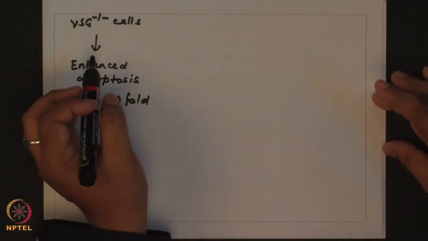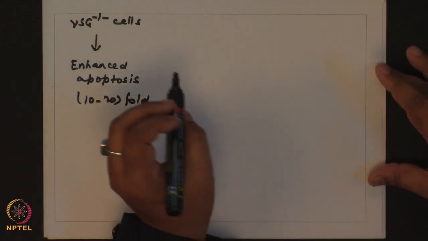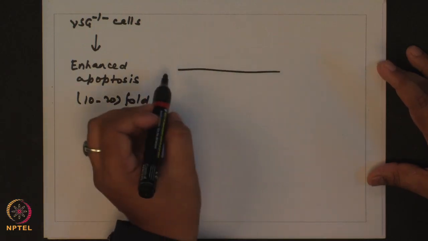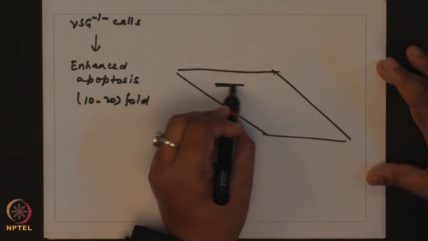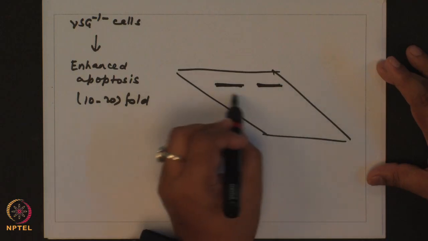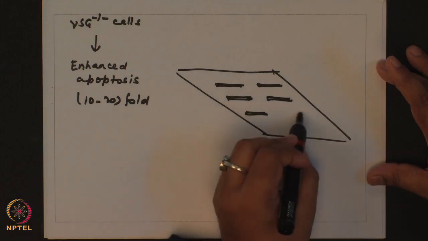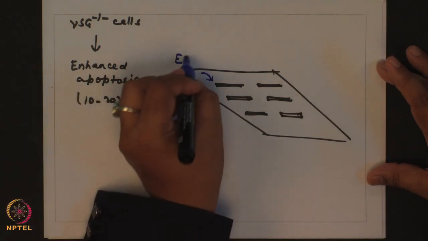To study what underlies this mechanism, the authors created these patterns. In 2D, you will have these strips of adhesion islands, which are ECM coated.